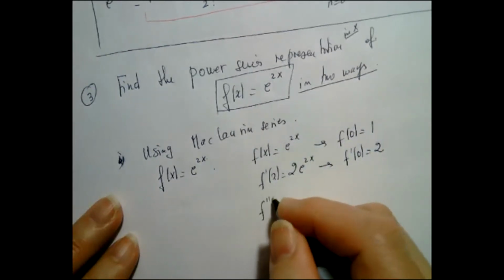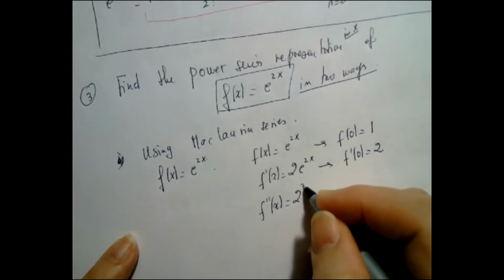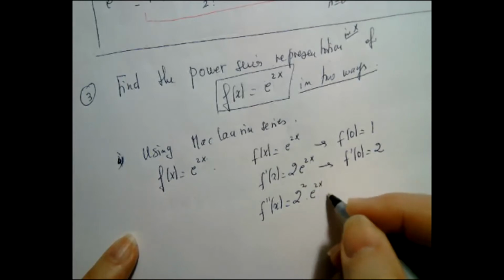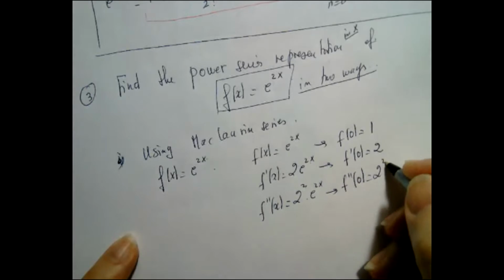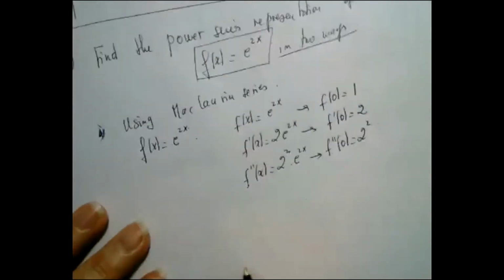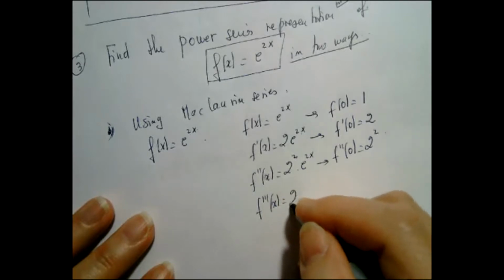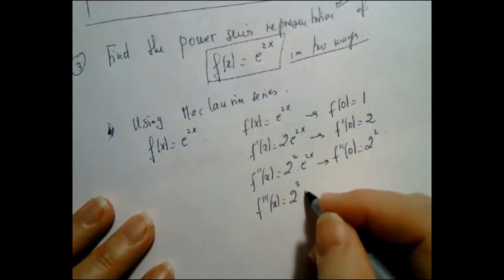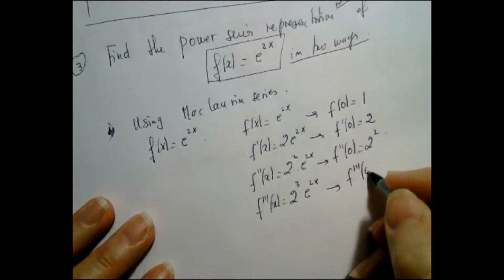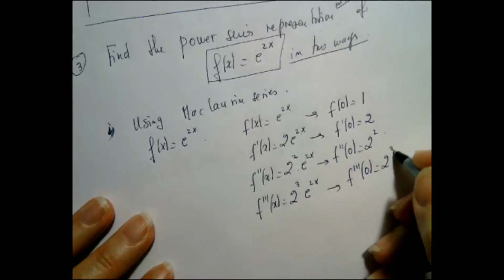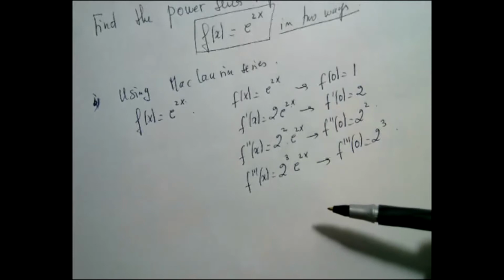Now the second derivative is 2 times 2 e to the 2x. It means the second derivative at 0 is equal to 2 squared. The third derivative is 2 squared times 2, e to the 2x. It means the third derivative at 0 is 2 to the power 3. And I can keep going, but of course a pattern is emerging.